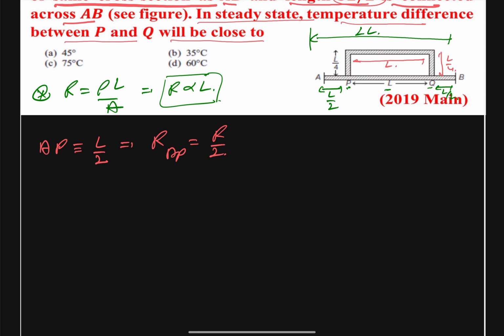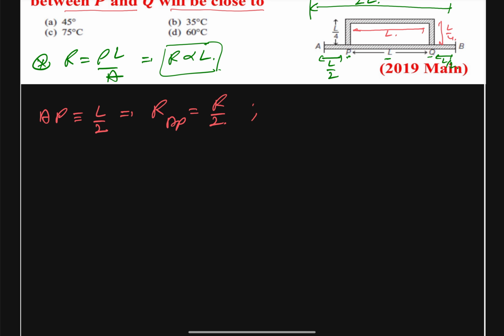Similarly, PQ has a length of L, so the resistance of PQ will be equal to R.